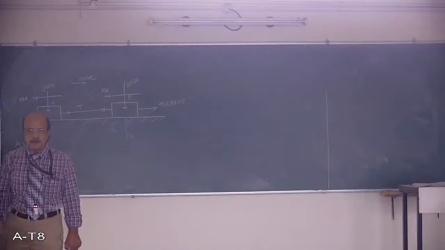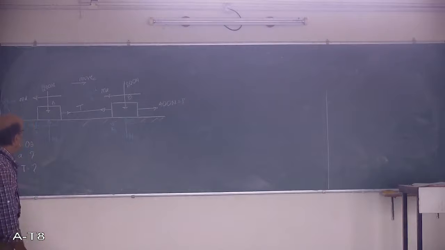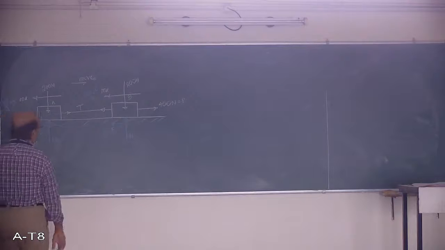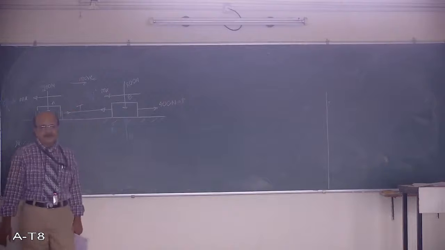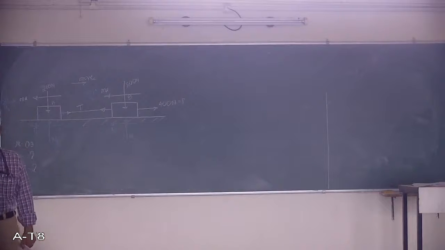Acceleration A, we need to calculate acceleration. And the tension between those two is T, and it is pulled by a force of 400 Newton. Now first of all you work out F1 and F2, and then for the free body diagram of each block A and block B separately, you write down the dynamic equilibrium equation, and there will be two equations. Solve the two equations, you will get the two unknowns.